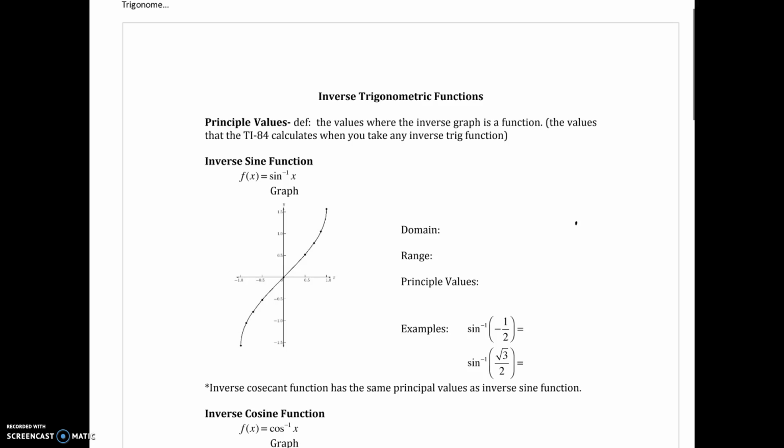It doesn't look like a sine graph currently, but if I were to continue, the inverse obviously is going to be reflected over the line y equals x. So here is your original sine graph.